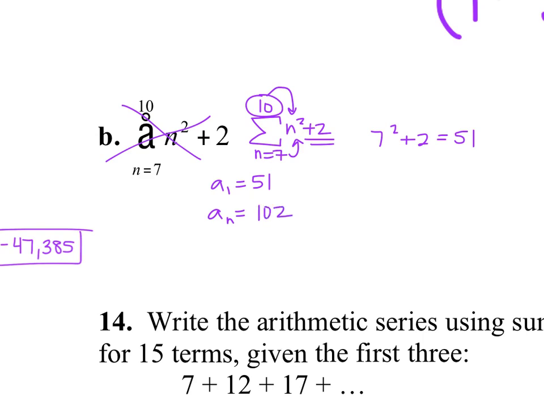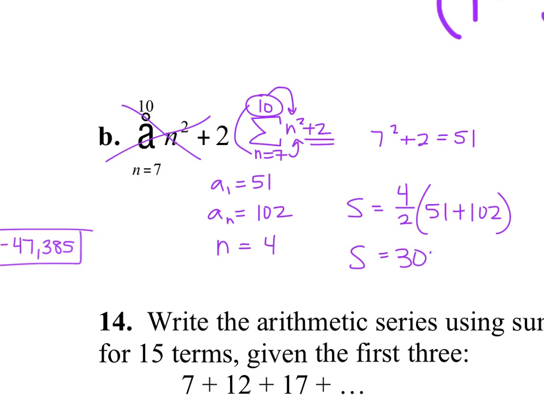And then our number of terms, our n, if you do 10 minus 7, you get 3, but you always have to add 1. So there are 4 terms, the 7th, the 8th, the 9th, and the 10th. So we plug that into the sum formula. It's 4, the number of terms, divided by 2 times first term plus last term. And if you plug that into your calculator, you get a sum of 306.